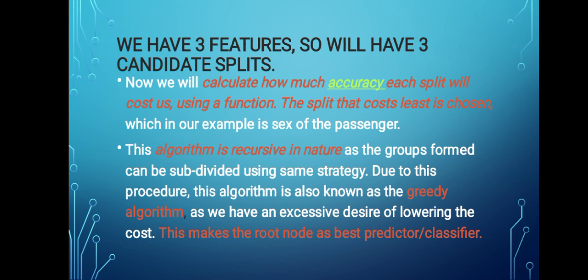So the algorithm is recursive in nature. Ito naman yung you form the group and subdivide using the same strategy. And sa greedy algorithm is the approach of solving a problem by selecting the best option.